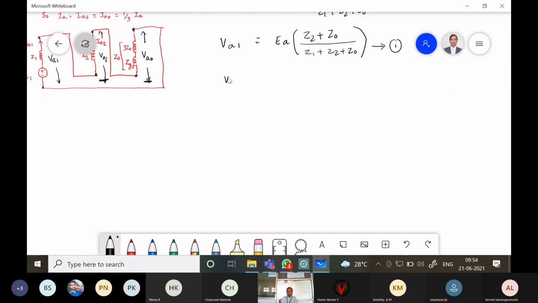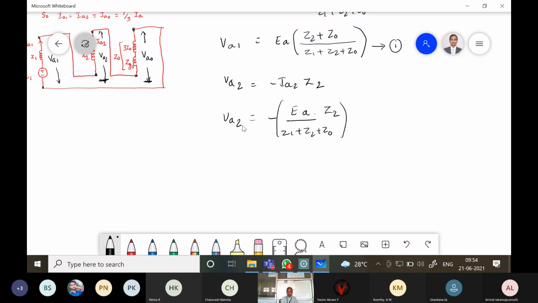Similarly, we will write VA2, which is minus IA2 into Z2. IA2 can be written as EA divided by Z1 plus Z2 plus Z0, so minus as it is, EA into Z2 divided by Z1 plus Z2 plus Z0. The total term is negative.